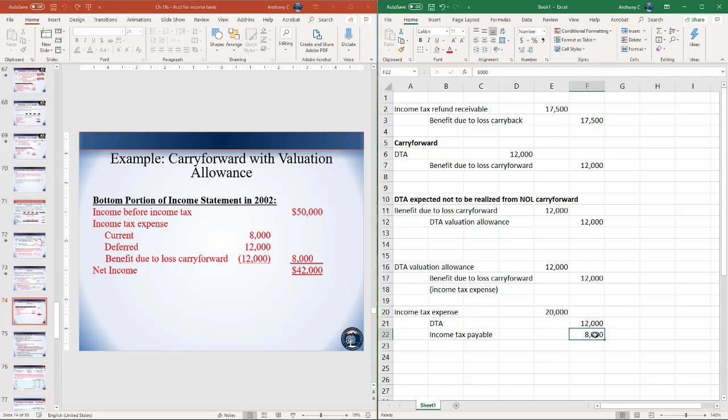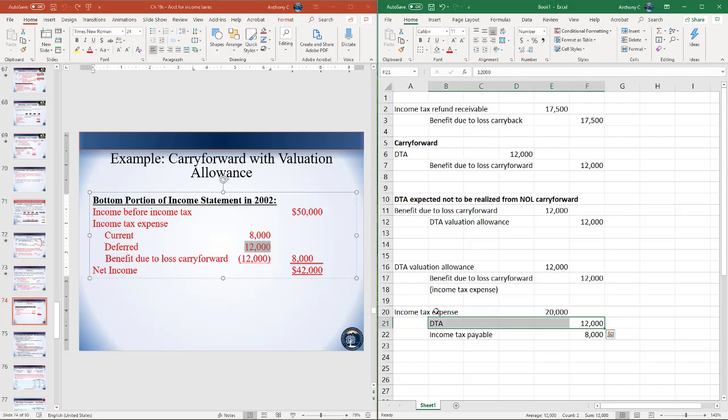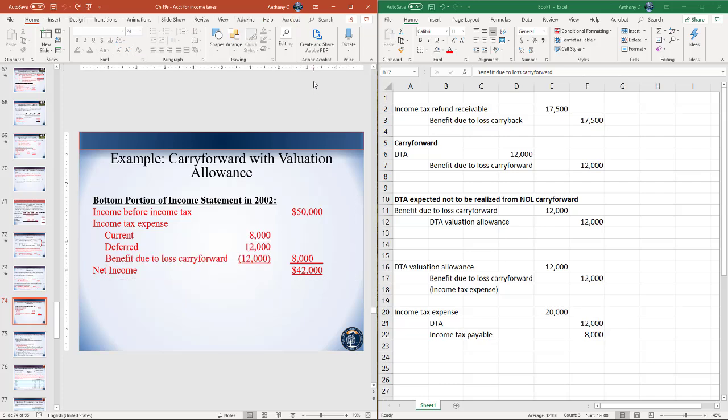Again, this reflects what's currently due to the IRS. This $12,000 decrease in our DTA also increased our income tax expense by $12,000, as reflected in this journal entry. And then this first journal entry we made, the benefit due to loss carry forward, decreases income tax expense by $12,000, which is what you find here.